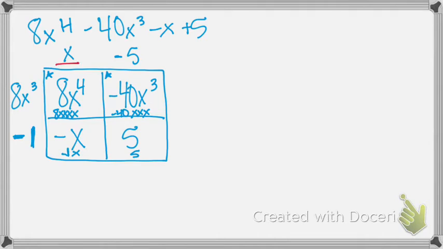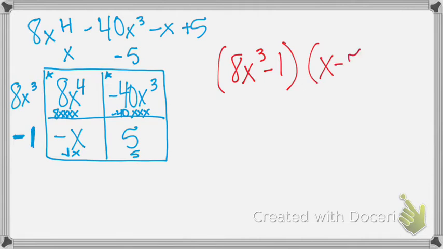Does an x and a negative 1 equal a negative x? Yes. Does a negative 5 and a negative 1 equal a positive 5? Yes. So this is correct. So our two factors are 8x cubed minus 1 and x minus 5.